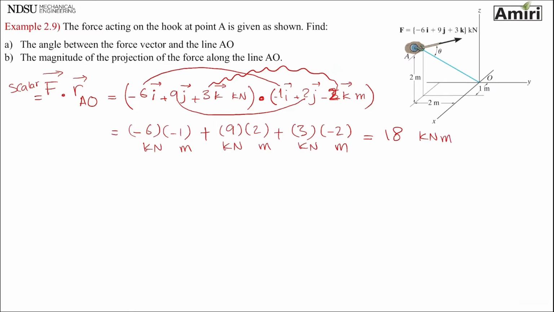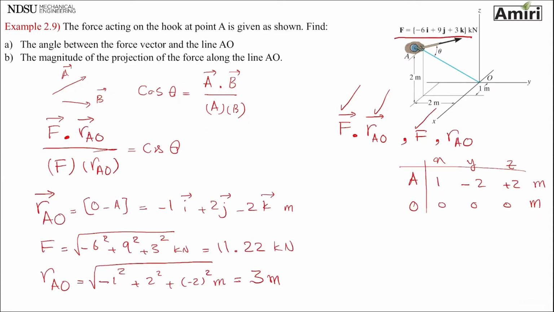So the angle I was after, theta, is cosine inverse of the dot product divided by the magnitudes of those two. This is what I'm trying to do.